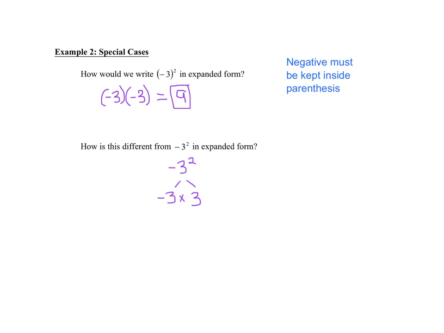A negative times a positive is a negative. Therefore, your answer is equal to negative 9. So when the negative is in front of the term 3 squared, your answer will be negative. That means that the negative is not part of the base. It's important to distinguish the two differences.